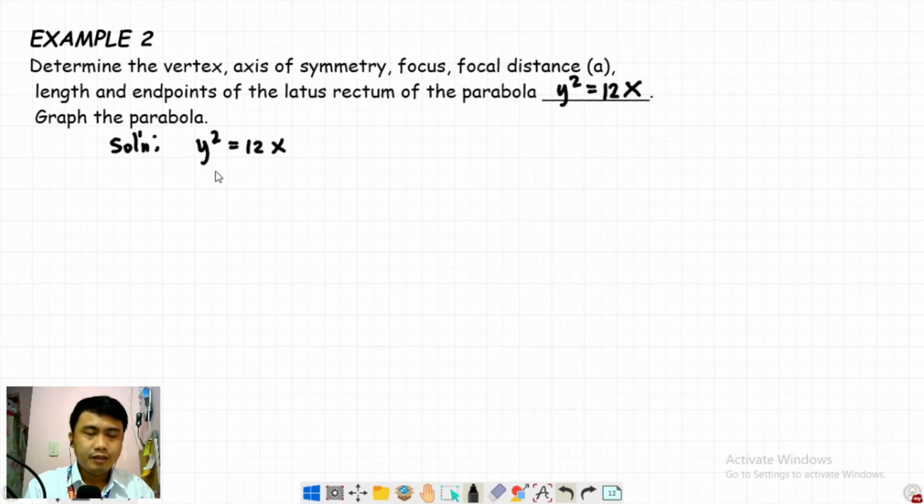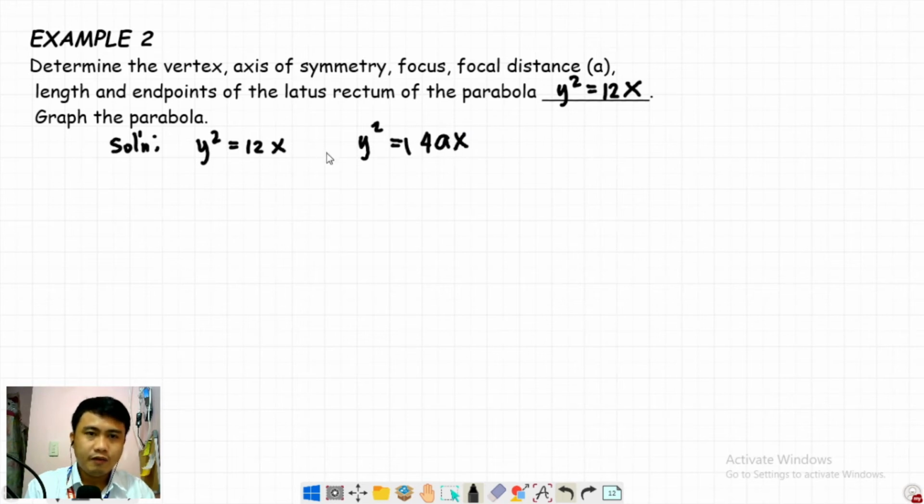And we will do that by, of course, alam natin that we will utilize the standard form, y squared is equal to 4ax, diba? Positive, no? Y squared is equal to 4ax.